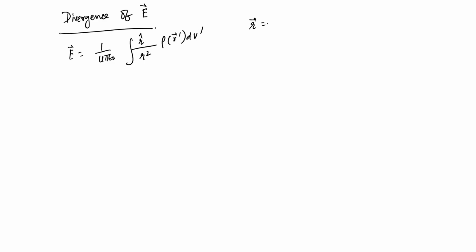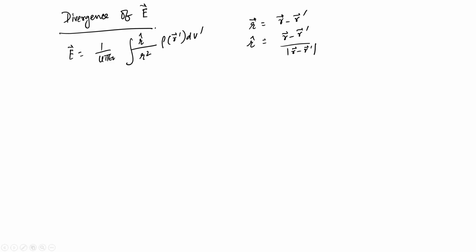Just once again to make this notation clear, it is r minus r prime, and this r cap is equal to (r minus r prime) divided by |r minus r prime|. Okay. So, that is the unit vector.